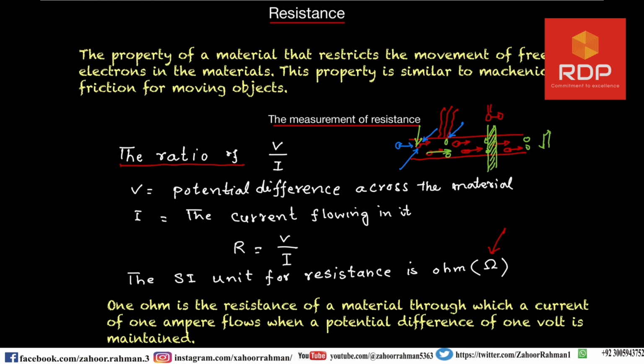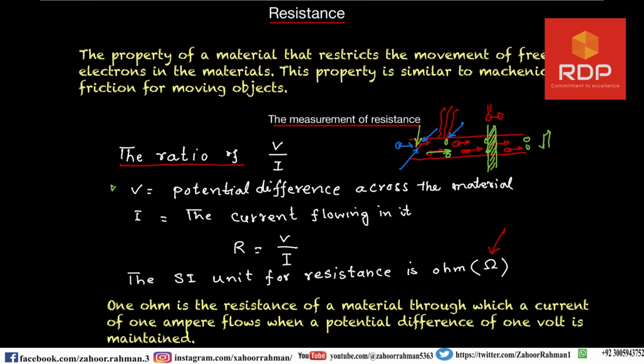When 1 ampere current is flowing when 1 volt of potential difference is applied to the electrons, then the resistance will be 1 ohm. Remember this.